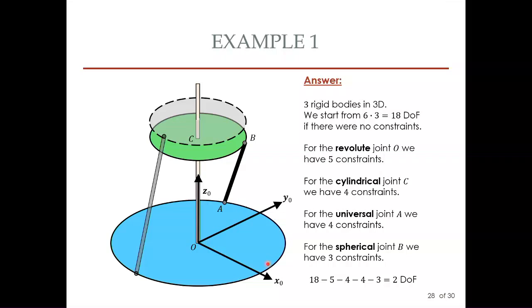So overall for this system, how many scalar Newton-Euler equations will you have? 18, yeah. And how many equations of motion will you need to find? 2, okay? 2 as the number of degrees of freedom.